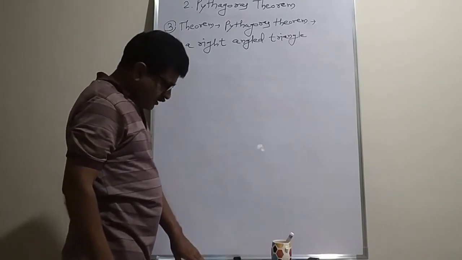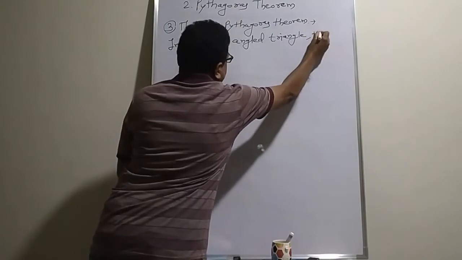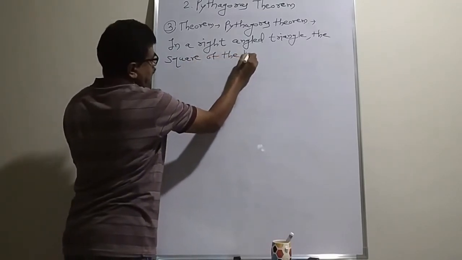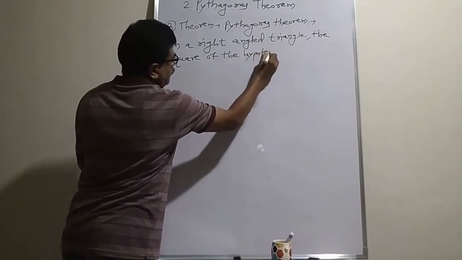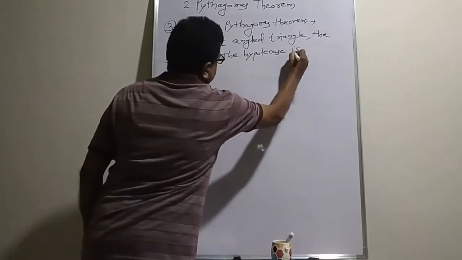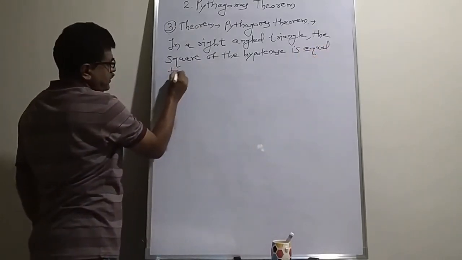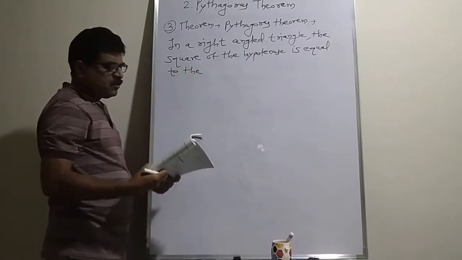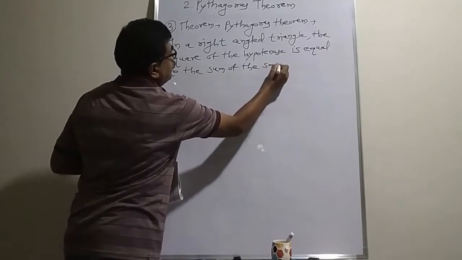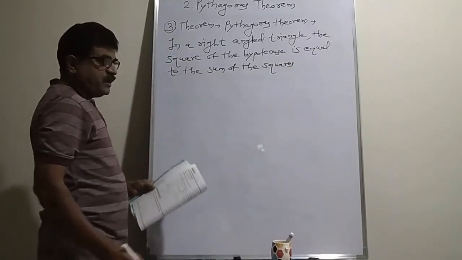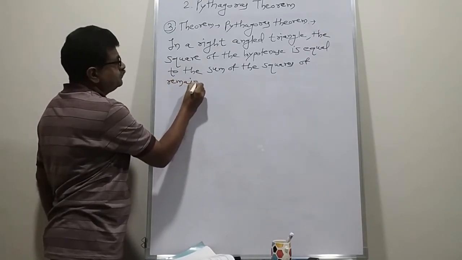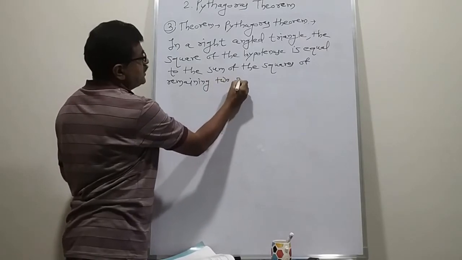In a right angled triangle, the square of the hypotenuse is equal to the sum of the squares of the remaining two sides.